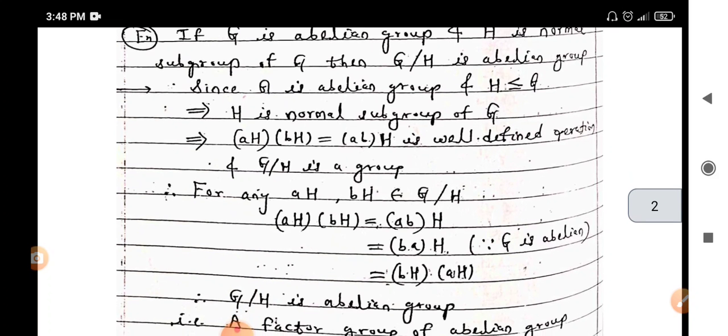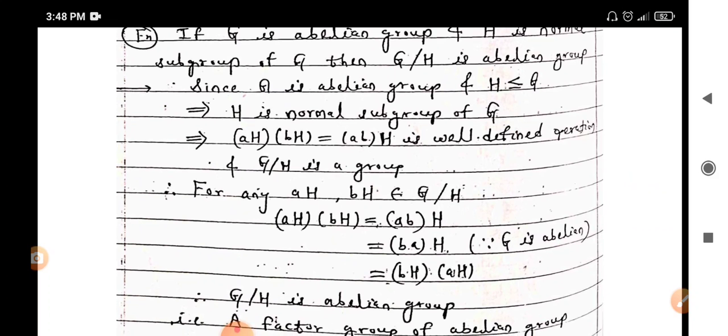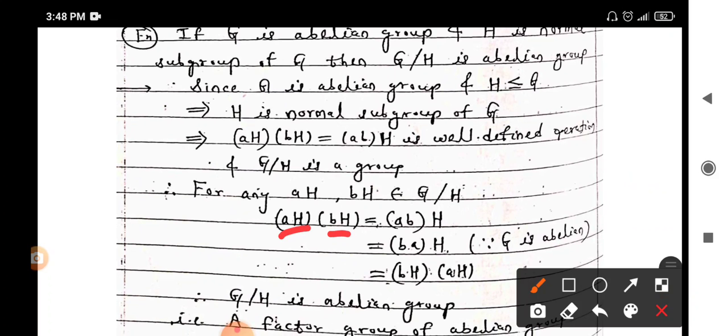Then for any AH, BH belonging to G by H, AH into BH equals ABH. But AB is an element of group G and G is abelian, therefore AB can be written as BA, so this can be written as BAH. Then by definition it is BH AH. Therefore G by H is a group and it is abelian.